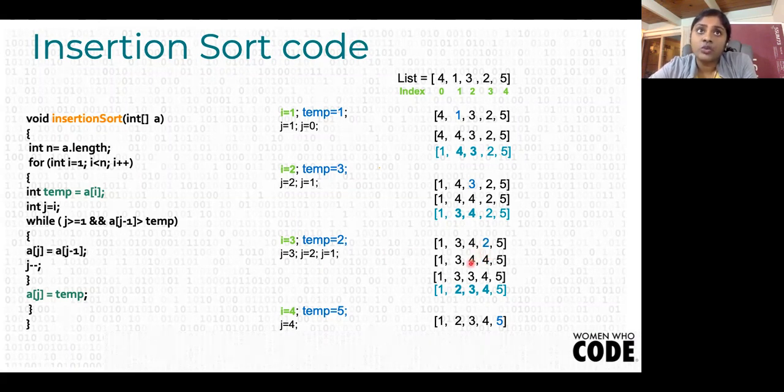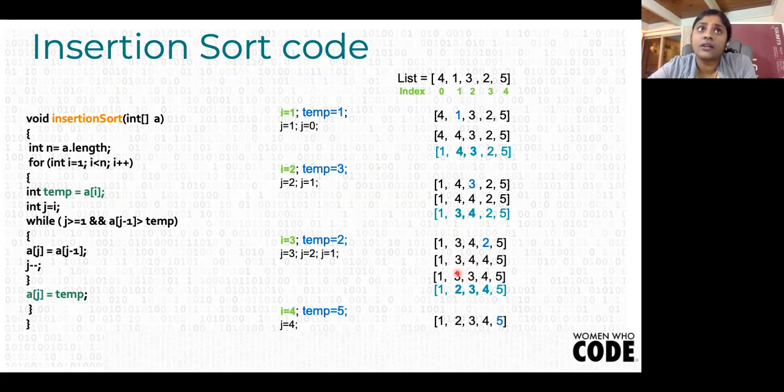We are not placing 2 into this index yet because we have to check if there are any other elements that are smaller than 2 in our list. So we decrement j's counter from 3 to 2, and we compare if 3 is lesser than 2. So 2 is lesser than 3. So 3 also has to be moved to the right. So 3 will be copied here.